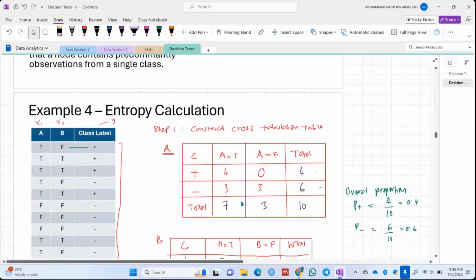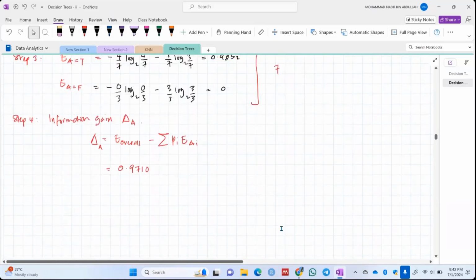For true, 7. For false, we have 3 observations. So we need to find the proportion for true. A equal to true, 7 divided by 10 multiplied with 0.9852, minus the observations for A equal to false, we have 3 out of 10 multiplied with 0.